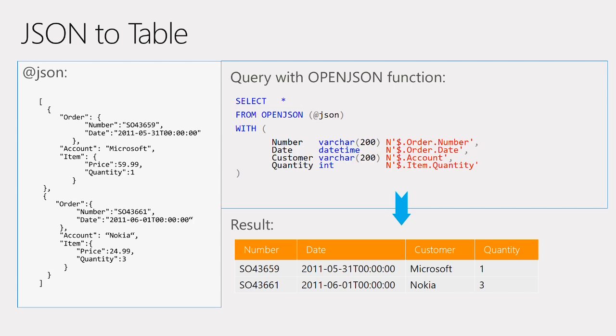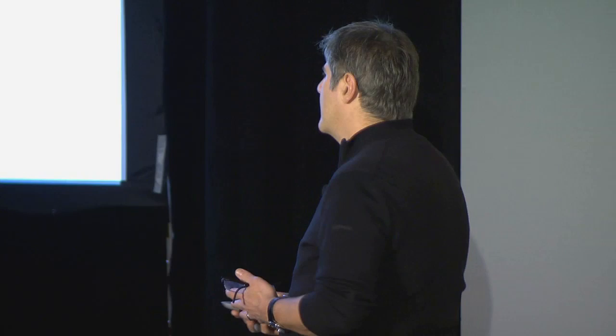We have the OPENJSON functions. You define a JSON type, which is text, and then turn it into rows. It's fairly simplistic, but it works pretty well, it's pretty fast, and it frees you from having to do the parsing yourself.